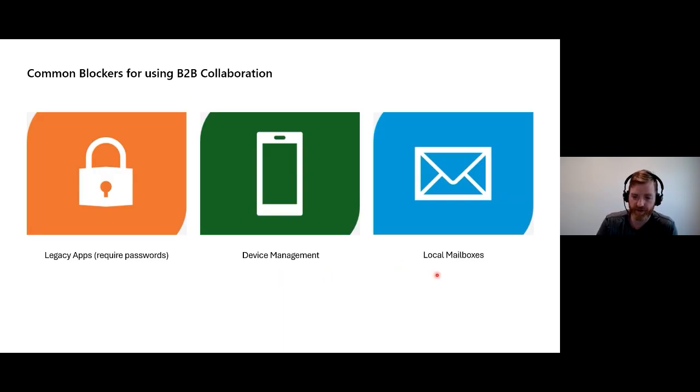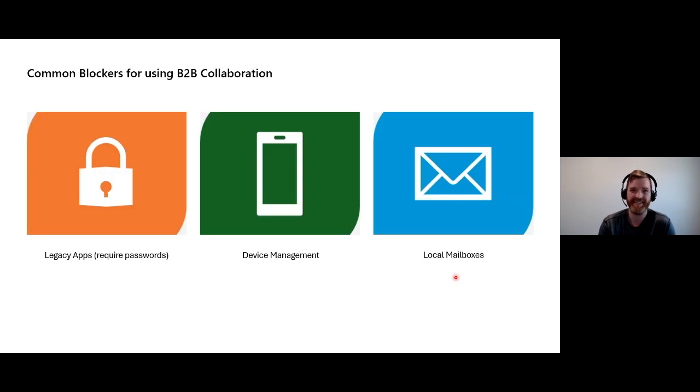And then third was the local mailbox scenario. Again, back to the bank scenario. If I'm onboarding a partner to help as a support desk, let's say, and now I have this vendor communicating with my customers, that communication should be coming from an inbox that is managed by me.